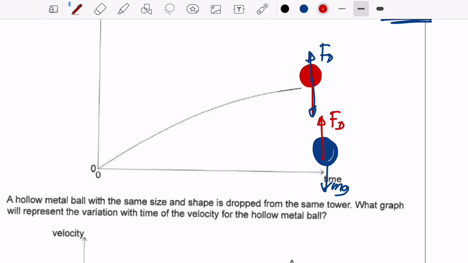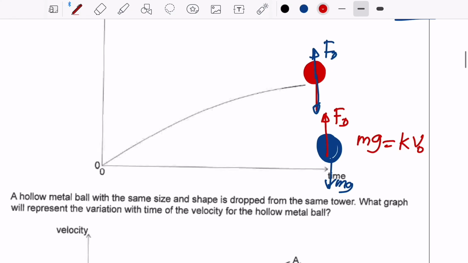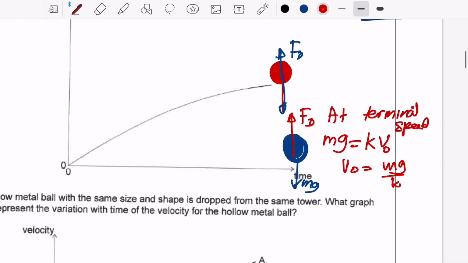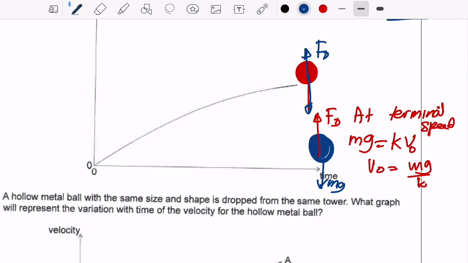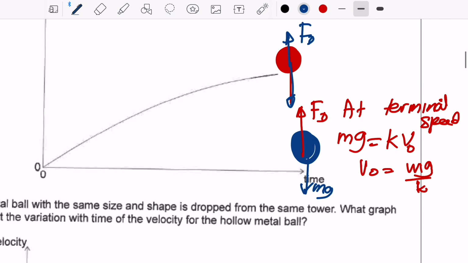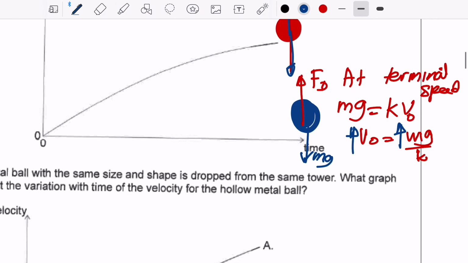So I can write an equation like mg equals k v naught at terminal speed. So v naught equals mg over k. k is a constant for the ball. So if m is bigger, v naught is bigger. The higher the mass, the higher the terminal speed.